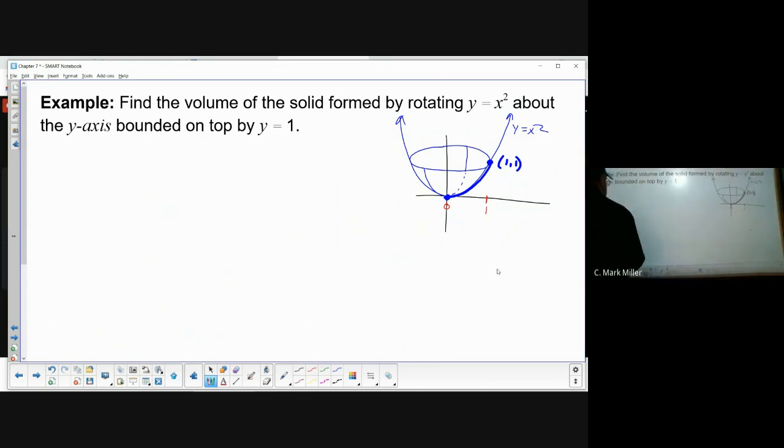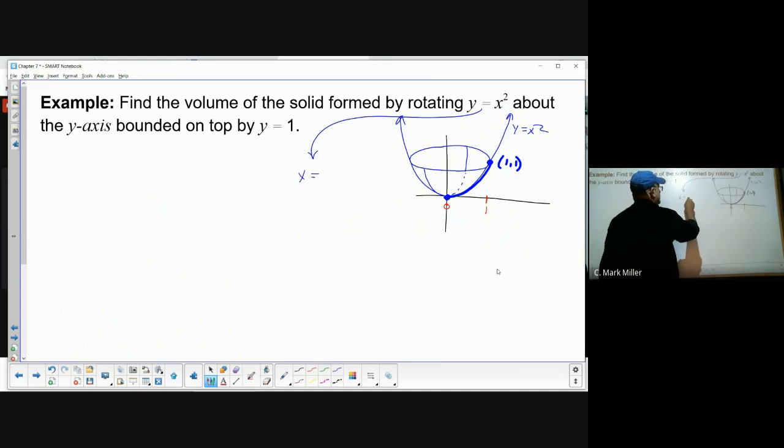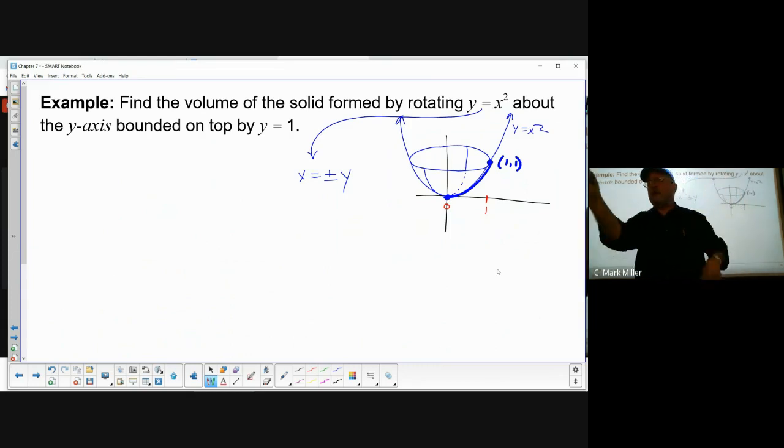So our solution is either wait and do the shell method, which is coming up here, or solve for x. And this curve can be seen, and now notice only the bold part of the curve is rotated, not both sides, just that bold part. That's all you need to generate that bowl, right?